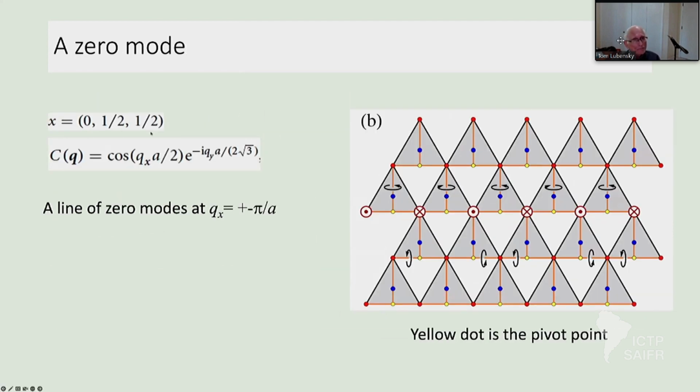Okay, so now that we admit different values of x, let's think of another zero mode. So this one, we put x at 1/2, 1/2. It's much easier to see the zero modes at these symmetry points where I don't have the arbitrary x's. So that means that the pivot point is right here at the edge, and it can rotate either going like this or like that, because we can pivot in 2 directions about this point.